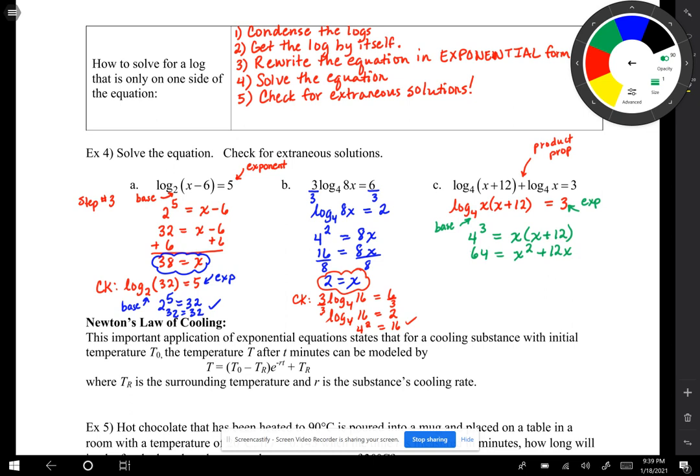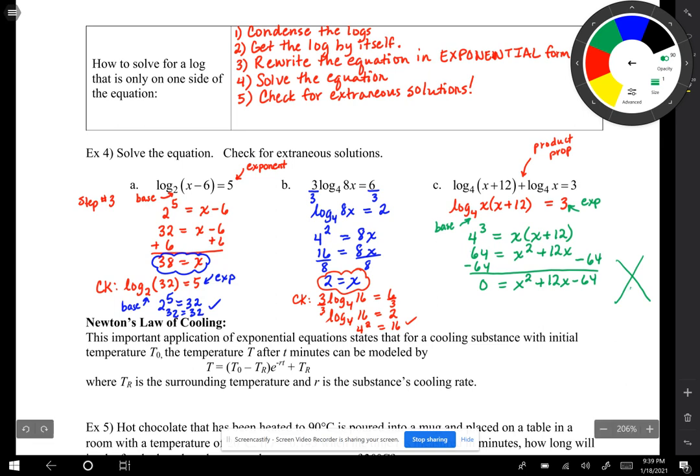Okay, and I want to get the left side equal to 0. So I'm going to subtract 64. When you see an x squared term, you know you want to attempt to factor this. So I'm going to make an x factor chart here.